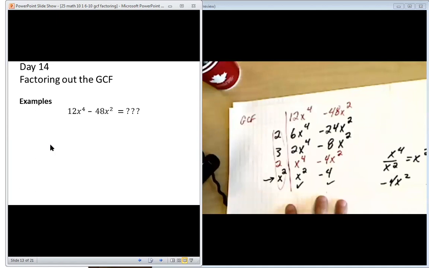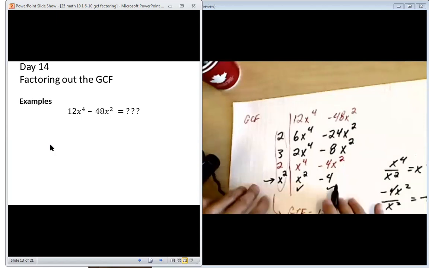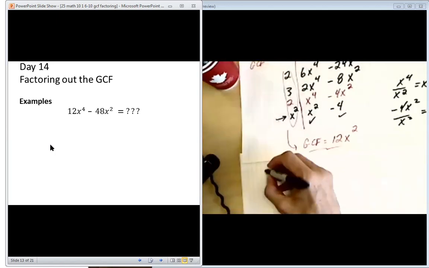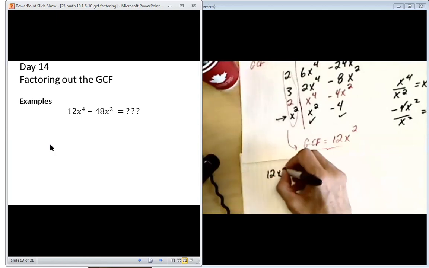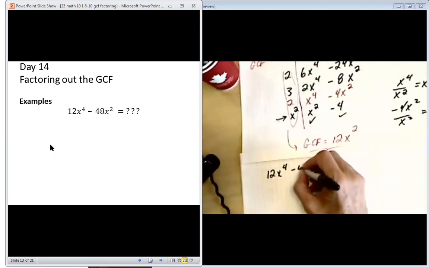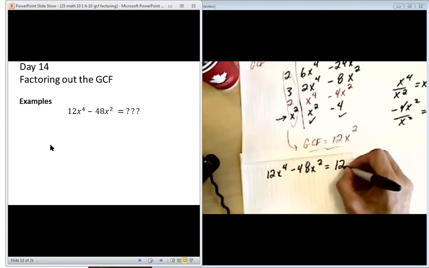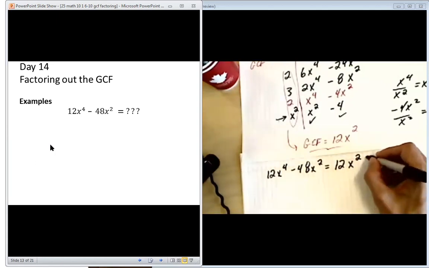Okay. So we do all this, we get our GCF is 12x squared. And the last line is x squared minus 4. So from this work, minus 48x squared is equal to 12x squared, the GCF out in front.